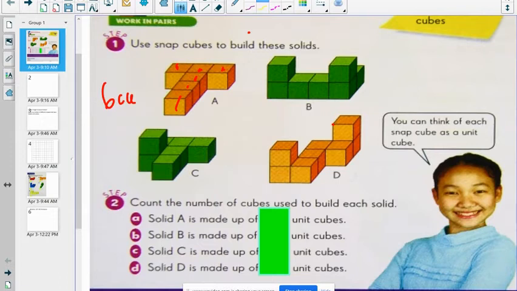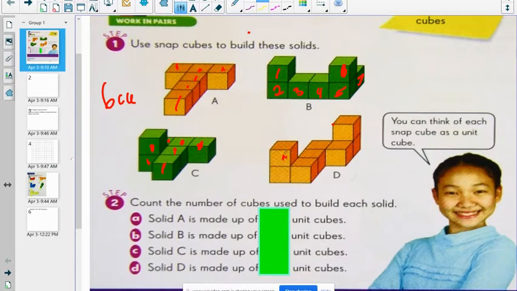Let's take a look at B. 1, 2, 3, 4, 5, 6, 7. I got 7 cubes there. Over to C. Looks like there's one guy hidden back here, but 1, 2, 3, 4, 5, 6, and then I think there's a 7th one back there.